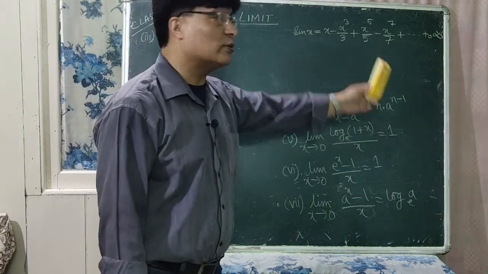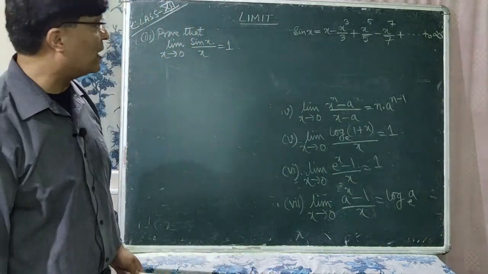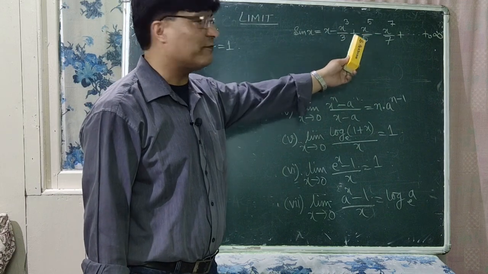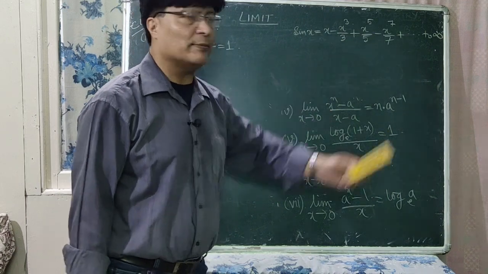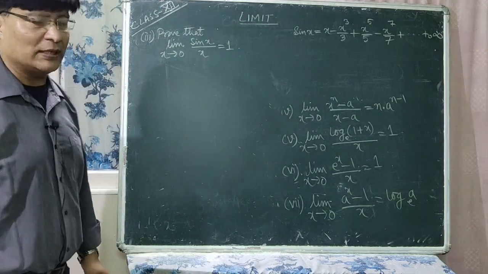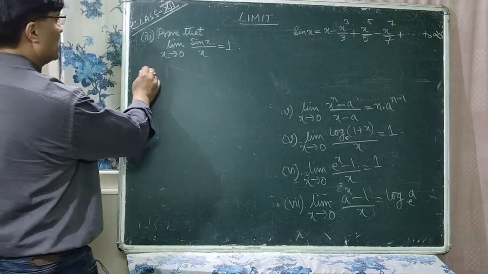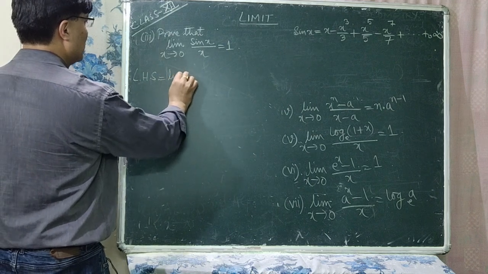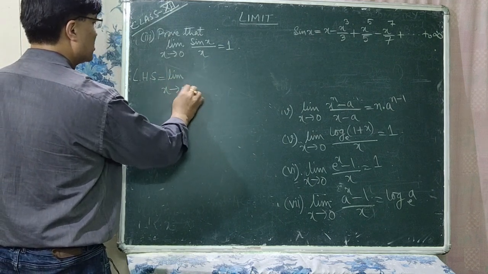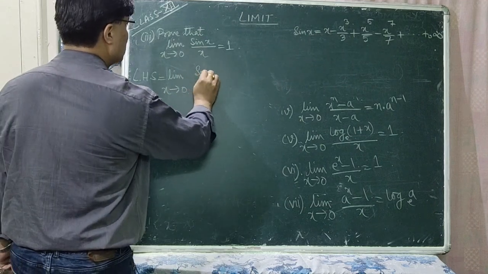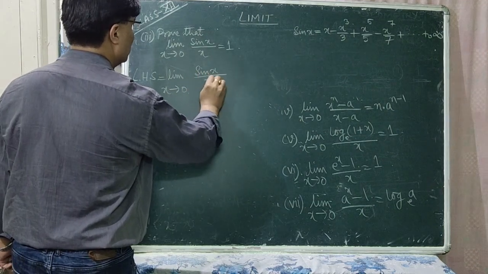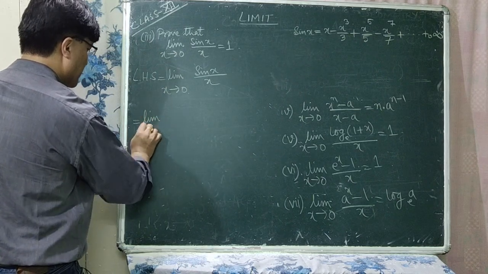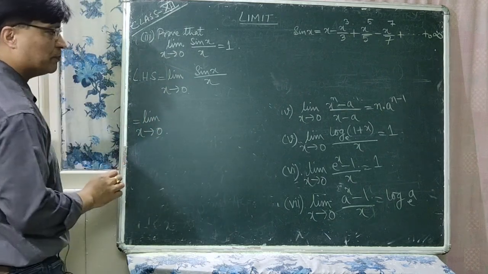So sine x is an infinite series and its formula is sine x is equal to x minus x cubed by 3 plus x to the power 5 by 5 minus x to the power 7 by 7 plus dot dot dot, it goes up to infinity. Okay, so let us prove it now. LHS is equal to limit x tends to 0 sine x upon x, right? Which is equal to limit x tends to 0.